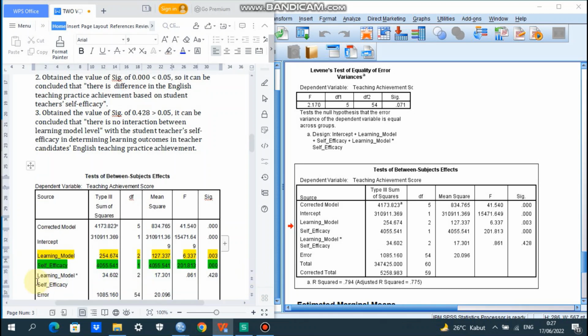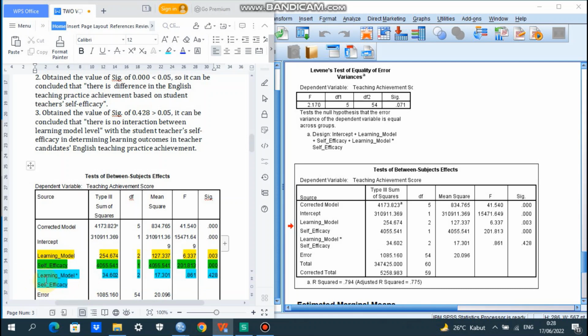The next, we go to learning model and self-efficacy. Is there any interaction between learning model and self-efficacy? Yeah, in determining English teaching practice achievement, in determining learning outcomes of the teacher candidates. If there is interaction, yeah, so it gives influence.